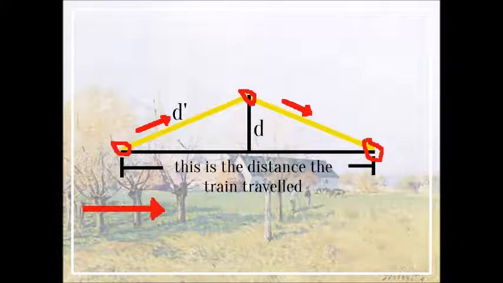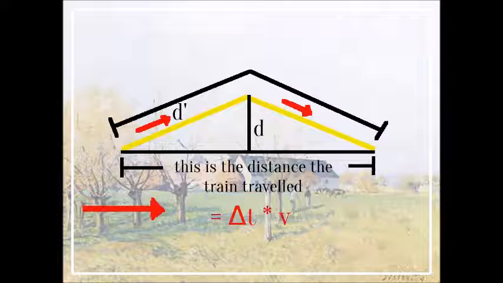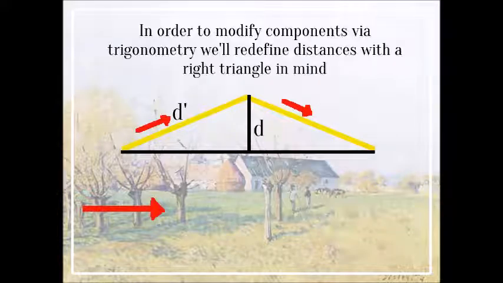And the distance in question is just equal to the time it took for the event to occur times the train's velocity. And we're also going to need to know the distance that the photon traveled, and that will just be equal to the time it took to travel times the speed of light. And in order to combine all these different components into a single equation to see how they relate to one another, we're going to chop our triangle in half down the d line or the vertical center and just focus on the right triangle.